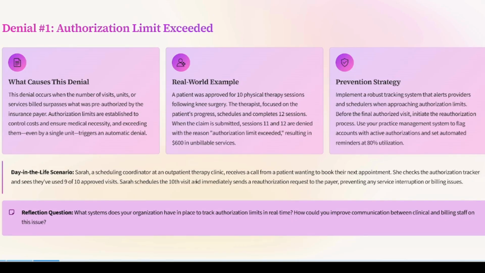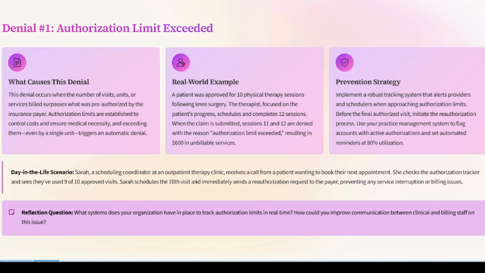A real world example: a patient was approved for 10 physical therapy sessions following knee surgery. The therapist focused on patient progress and schedules and completes 12 sessions. When the claim is submitted, sessions 11 and 12 are denied with reasons of authorization limits exceeded, resulting in $600 in unbillable services.